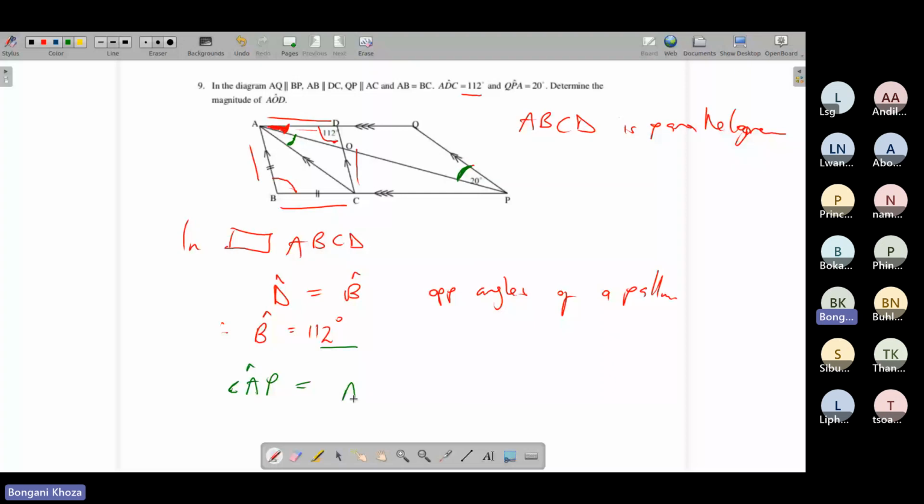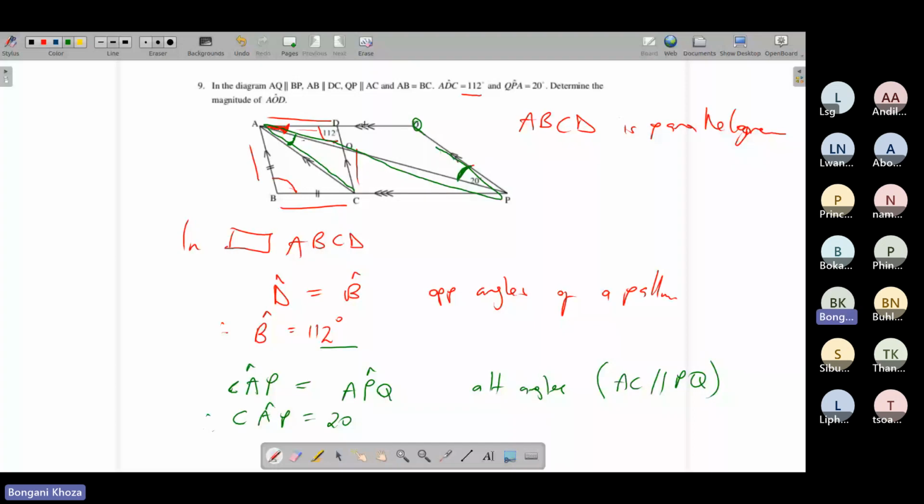The reason for that is those are alternating angles, we have a Z or an N here. That's because AC is parallel to PQ, sorry, it's Q, not O. So that means CAP is equal to 20. So here we have 20.